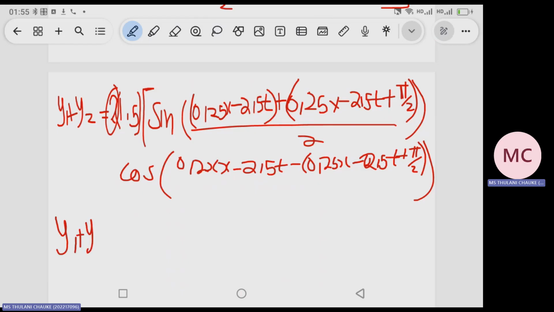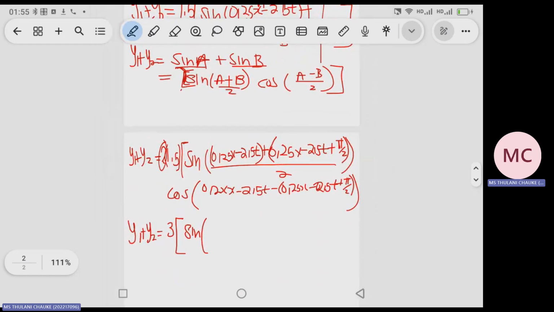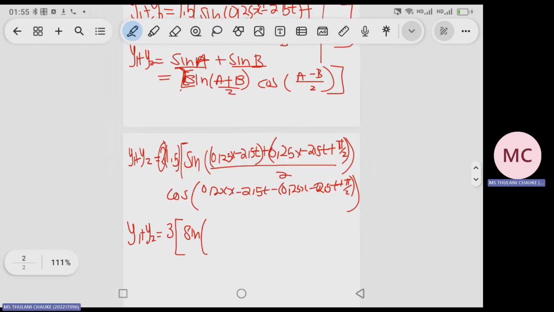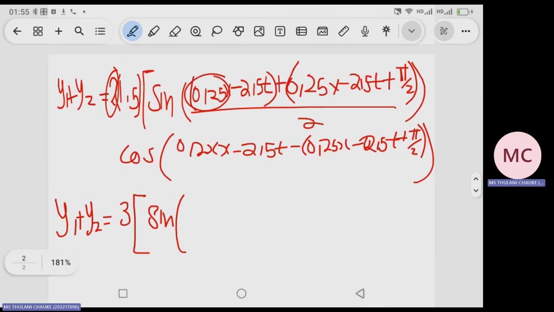So y1 plus y2 will be 3 times the sine of, and then we'll add 0.25 plus 0.25. We're adding right now. So this will give us 0.5x when we add these two.